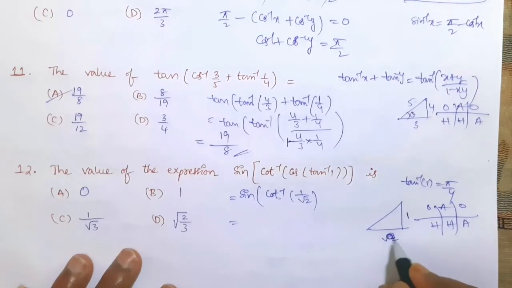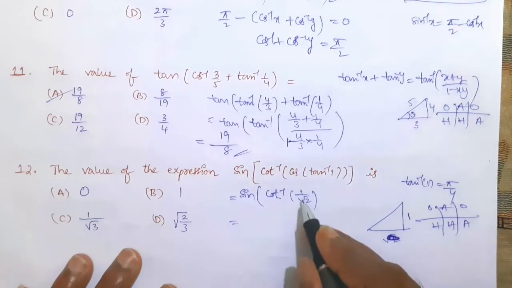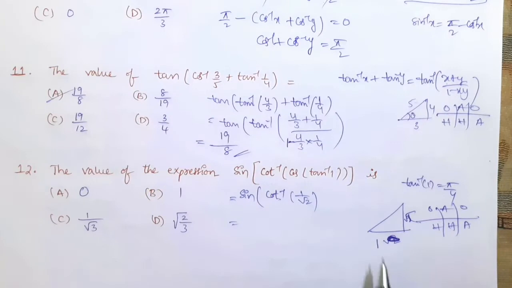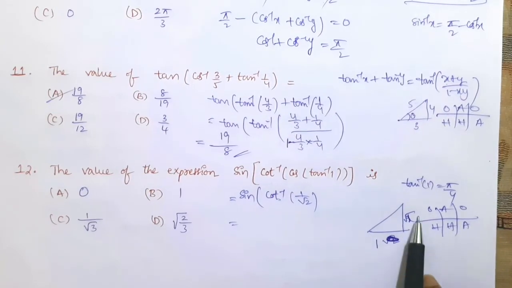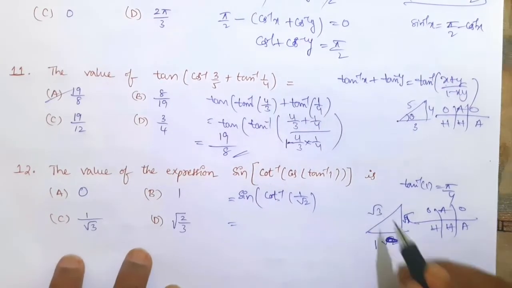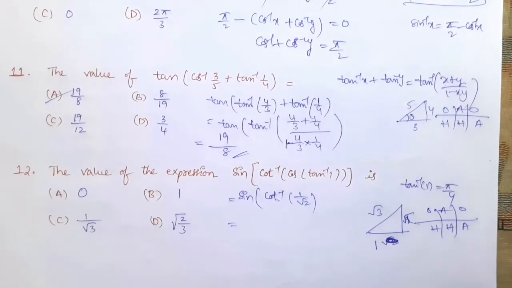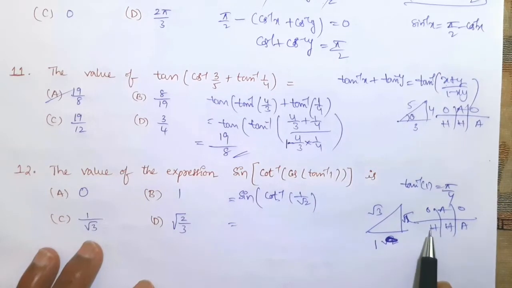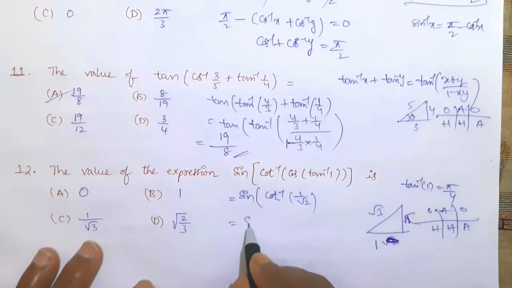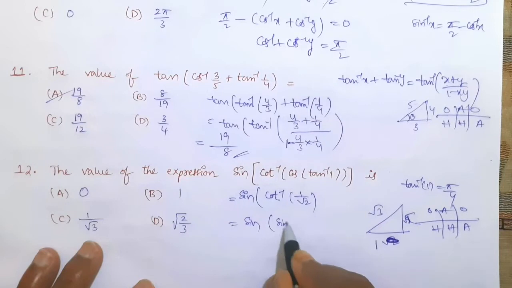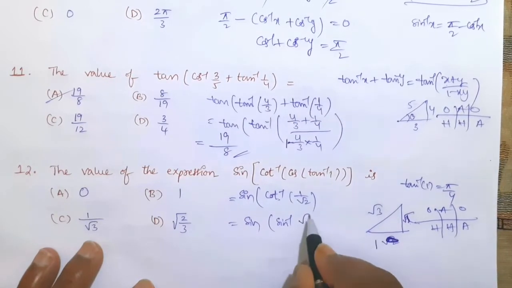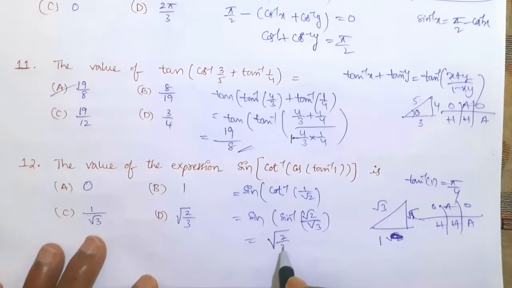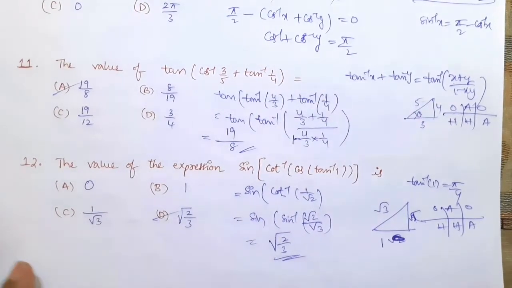As adjacent is 1 and opposite is root 2, the hypotenuse will become root 3. Simplify and you will get it. Then what do we need? Sin. Sin means what? Opposite by hypotenuse. That means it will be sin of sin inverse of opposite by hypotenuse, root 2 by root 3. Sin and sin inverse cancel. It will be root 2 by 3, option D.